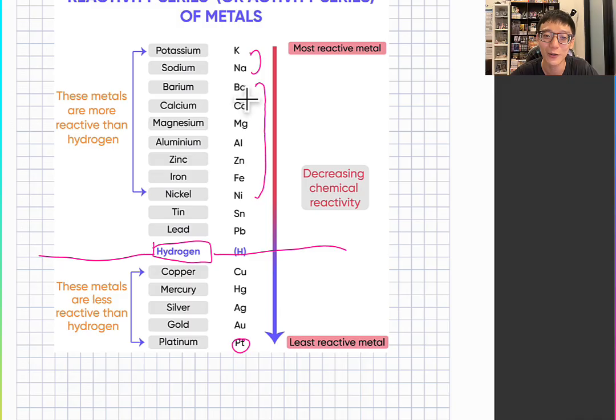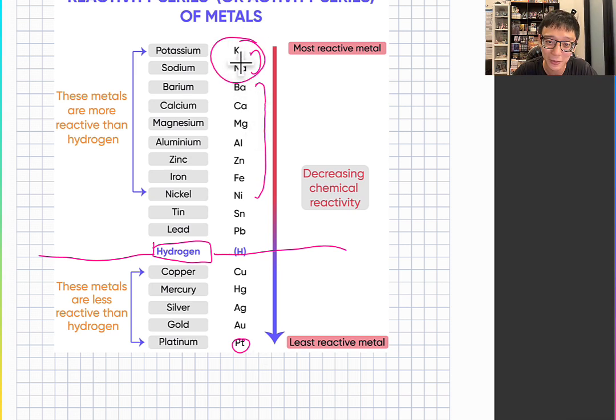Only if you put it inside hot water will the reaction be accelerated. For tin, lead, copper, mercury, silver, gold, and platinum, even if you dip them inside water, there will be no reaction.